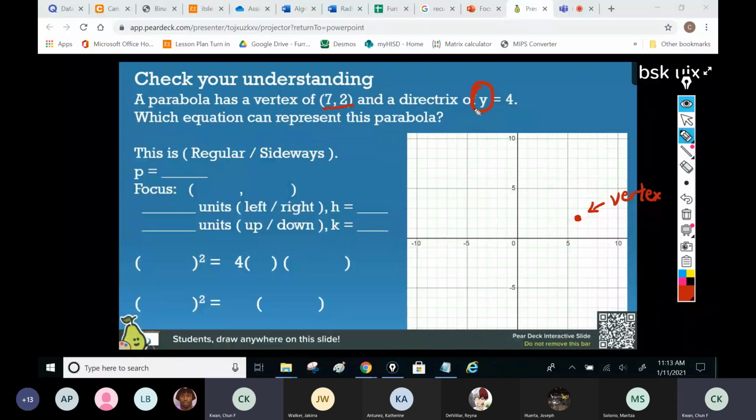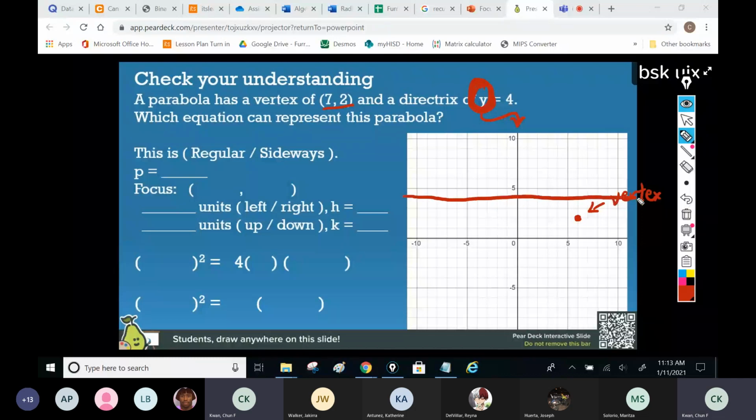If this is y equals 4, you go to the y-axis and find positive 4, which is right here.